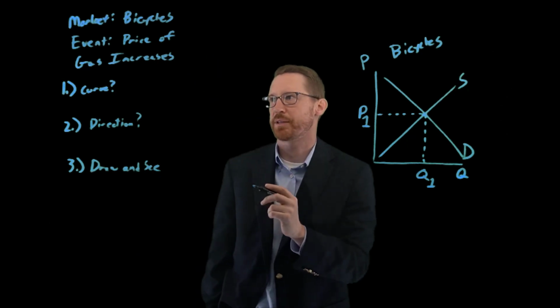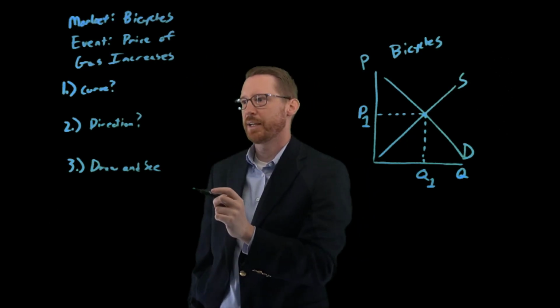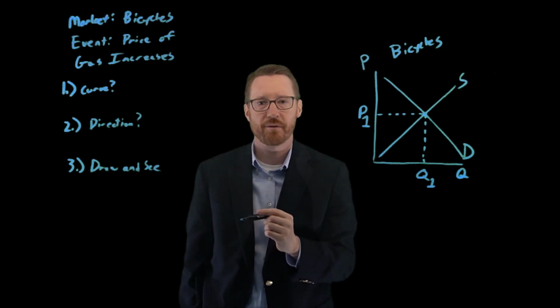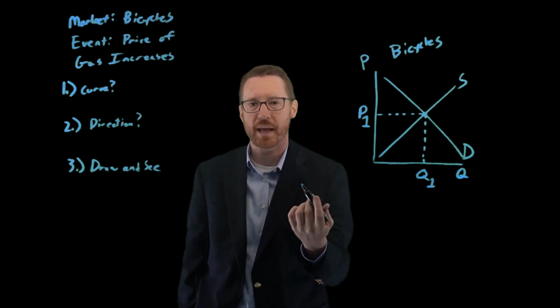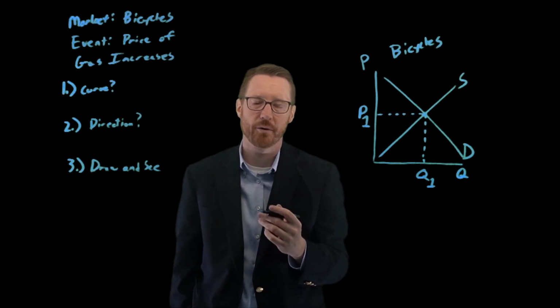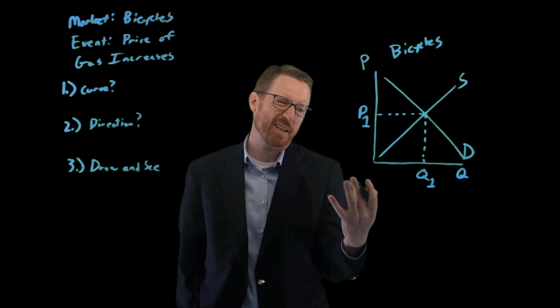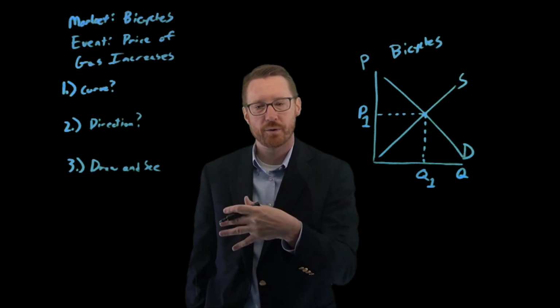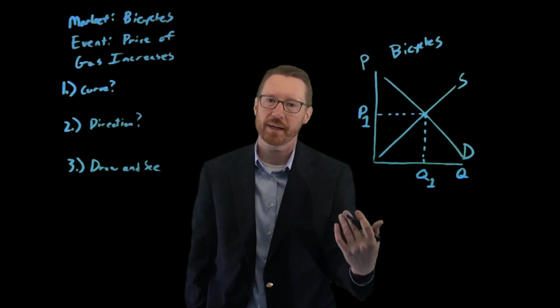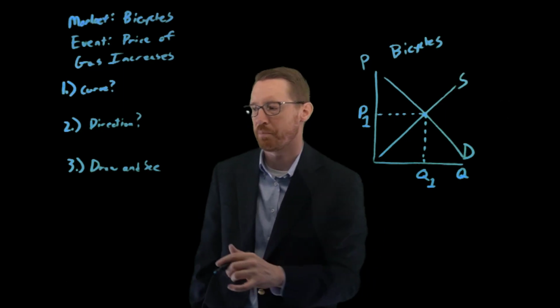So the market for bicycles, the price of gasoline increases. Which curve is affected? Well, how do we figure that out? In a different video, we had buckets of shifters for which ones affect demand and which ones affect supply. So what were those buckets?